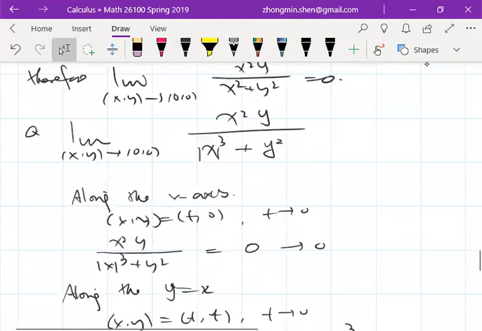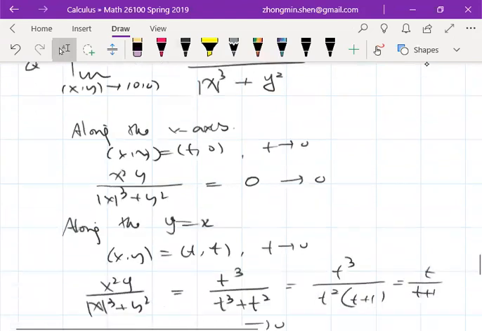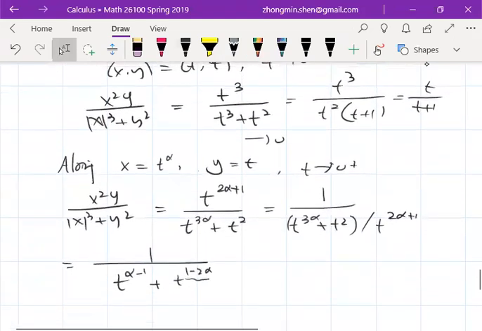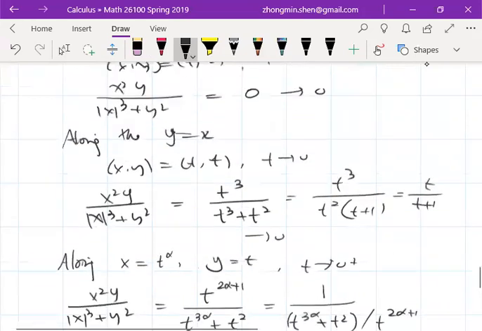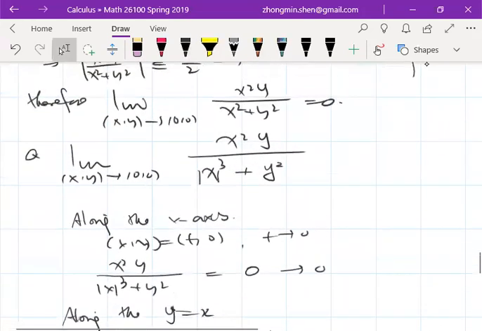And so the question is whether you can, I think this is a difficult one. You have to prove as an inequality that you can make sure this is going to approach 0. But this requires more tricks to prove, because we tried several paths, right? They all approach 0. So this also approaches 0, no matter what you choose. So then you have to find a way to prove this inequality.